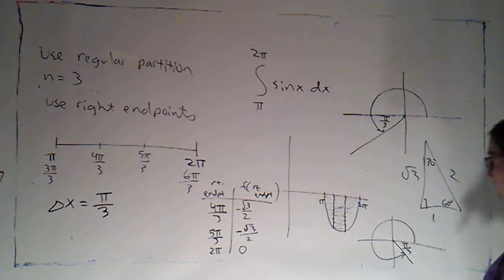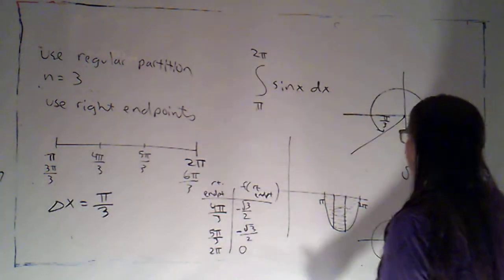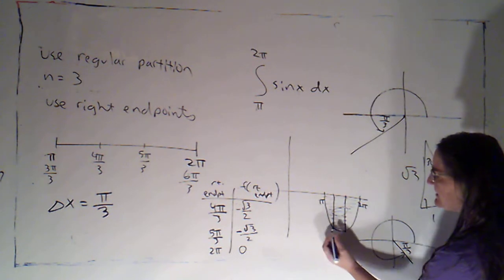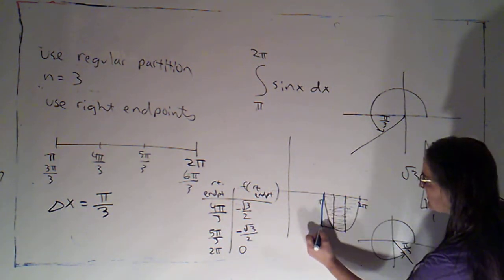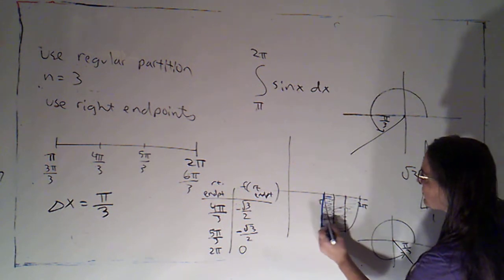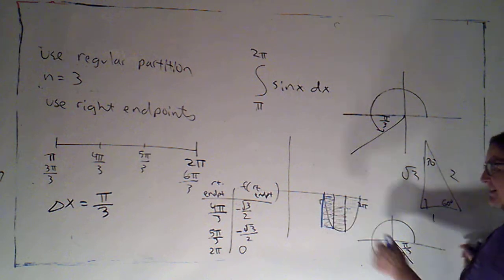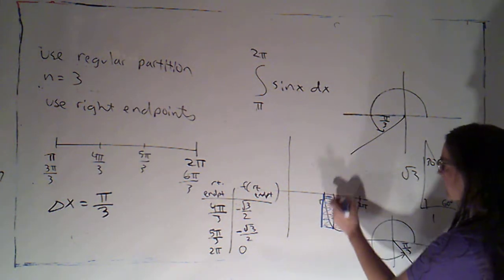So if I want to draw in the rectangles that I get, here's my first subinterval. This is my right endpoint. Here's the height that I'm using. I'm going to extend that over that first subinterval, and so I'm getting this rectangle, which includes some extra negative area. Okay. Over this next interval, here's my right endpoint.